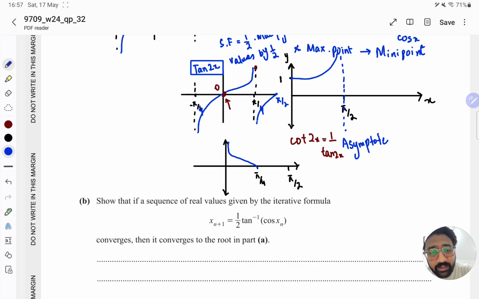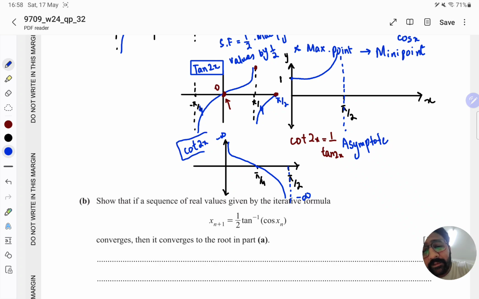And if you look at this specific place, it is coming back towards infinity. So the graph is going to continue, and this is going to be infinity at pi by 2, and this is going to be negative infinity, and this is going to be positive infinity. So this is how the graph of cot 2x is going to be.